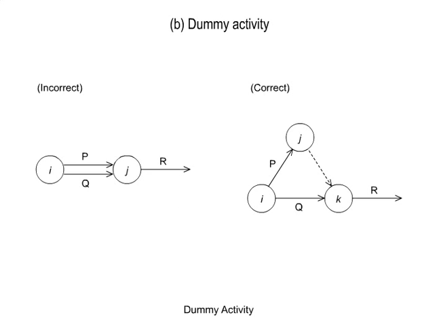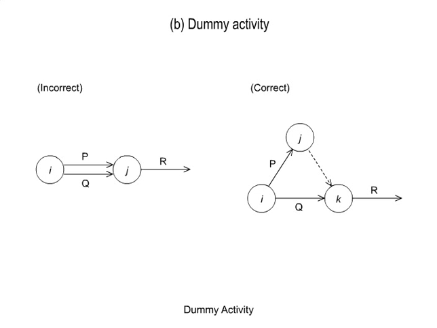B. Dummy activity. A name is assigned to each arrow and the standard number of days required are also written. Nodes are assigned sequence numbers. Node numbers must be smaller at their starting node than at their ending node.